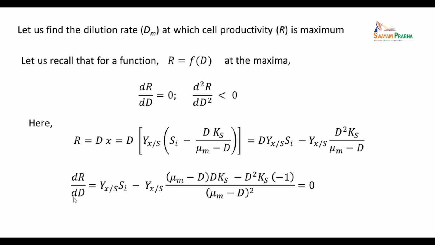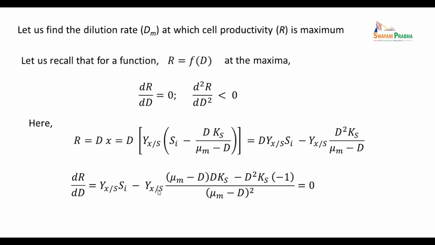And therefore, dr/dd, the derivative of r with respect to d, would be like this. The first term is quite straightforward. The D would drop out, Yxs Si remain, they are not functions of D. And the second term, you have a D squared in the numerator and a D in the denominator.